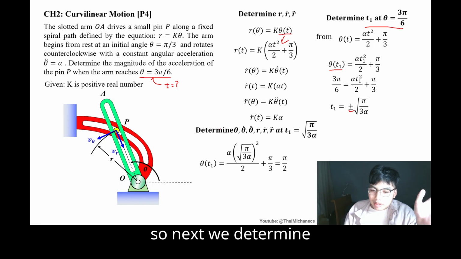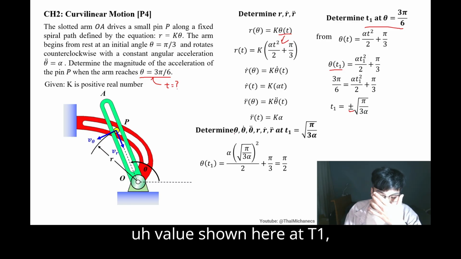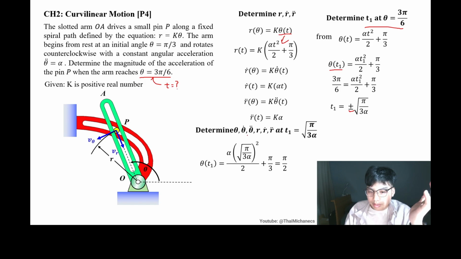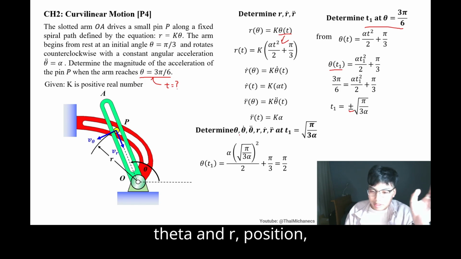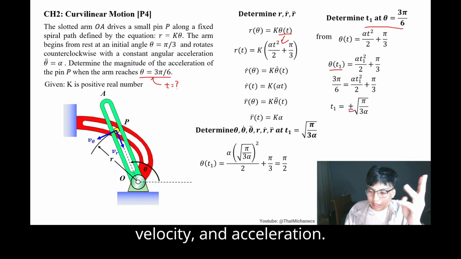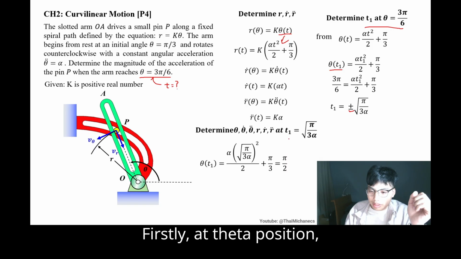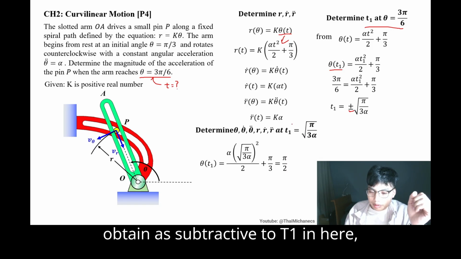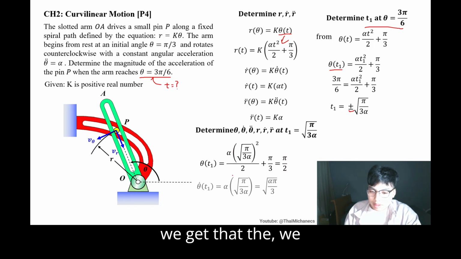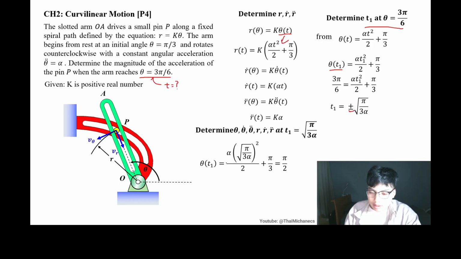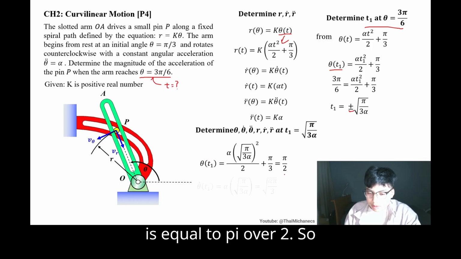Next we determine each and every value shown here at t1: theta and r, position, velocity, and acceleration. Firstly, for the theta position, we substitute t1 in here and get that theta is equal to pi over 2.